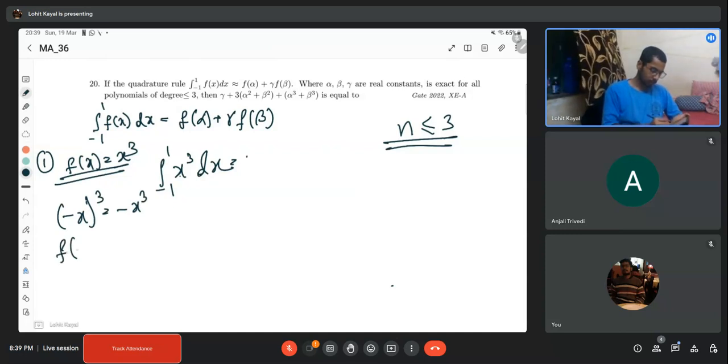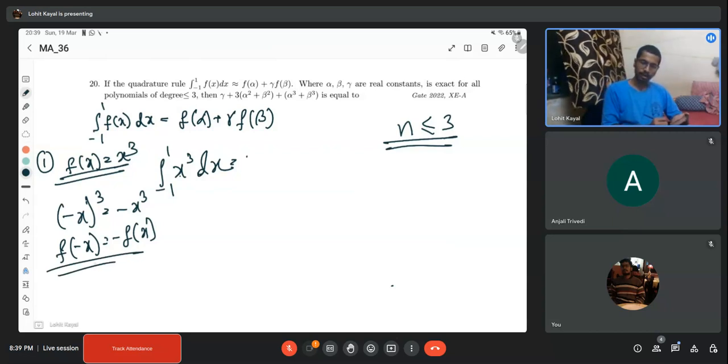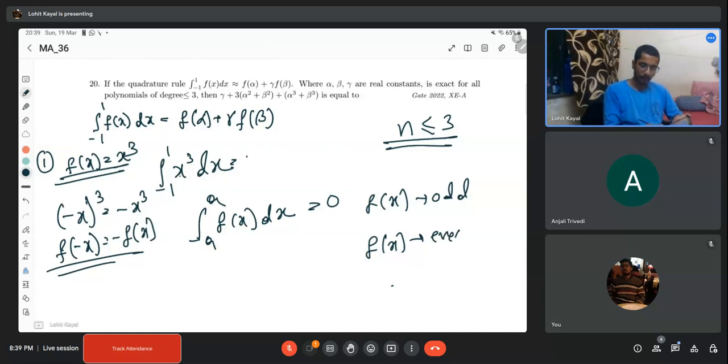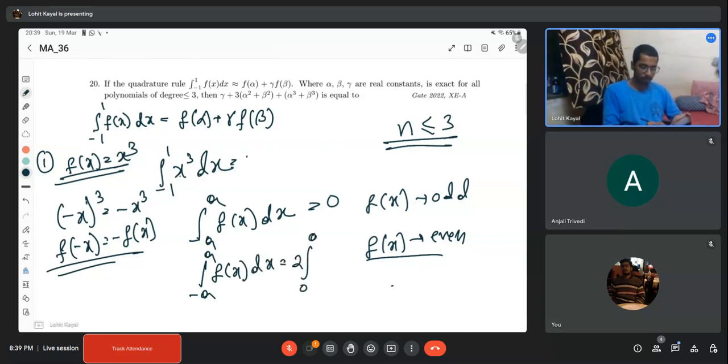Odd functions satisfy f of minus x equal to minus f of x. So the integral from minus a to a of f(x) dx, when f(x) is odd, is 0, and when f(x) is even, the integral from minus a to a of f(x) dx equals 2 times the integral from 0 to a of f(x) dx.